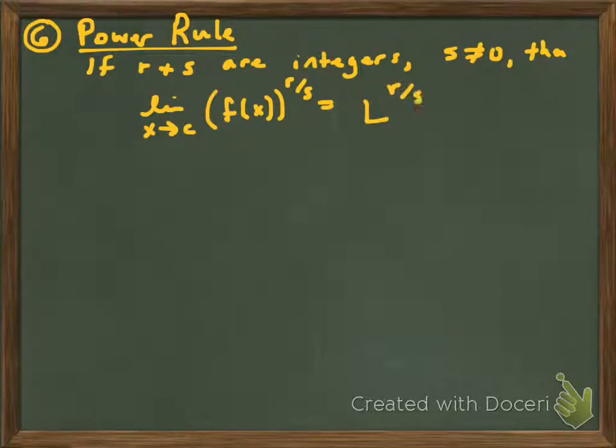And you are correct. L to the R over S. And underneath there, put in parentheses, as long as L raised to the R over S power is a real number.